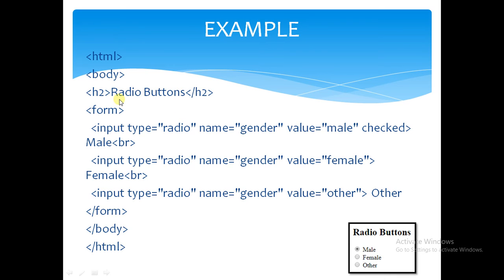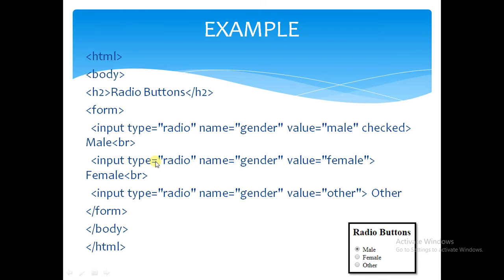Example of radio buttons: form, input type equal to radio, name equal to gender, value equal to male, and checked. After that, male. Checked means that this attribute defines the default selected element, among the 3, known as male.